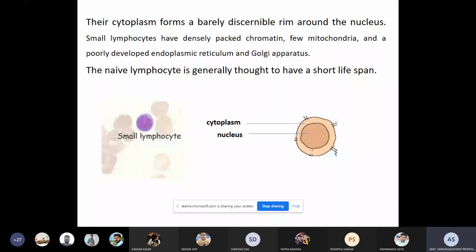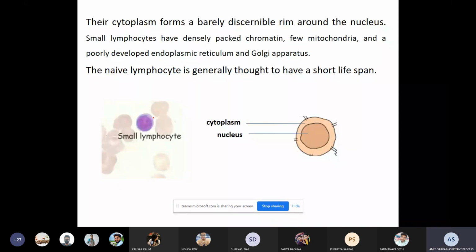So the cytoplasm is kind of a rim around the nucleus. This is the distinguishing feature of small lymphocyte. They are naive or unprimed lymphocytes, and generally they have a short lifespan. That means they'll be produced, they'll mature, and then they will die within a short period of time.